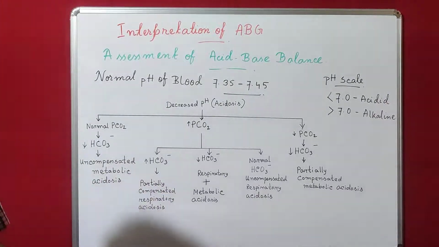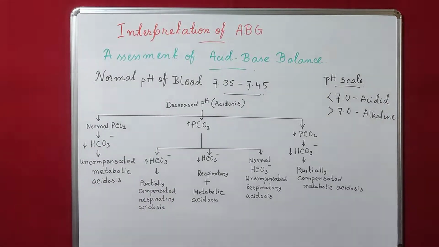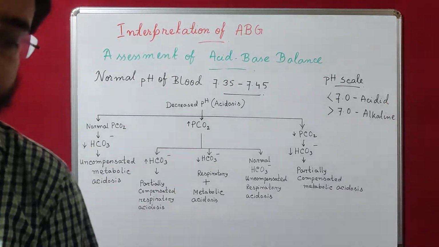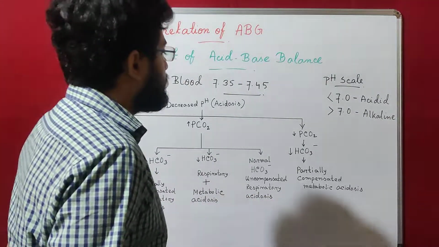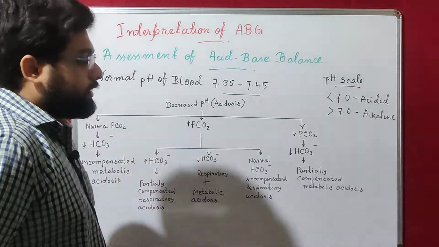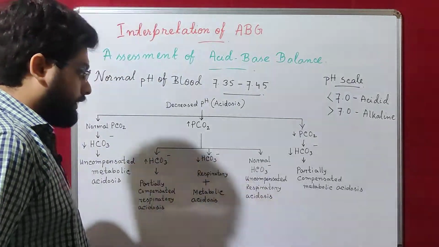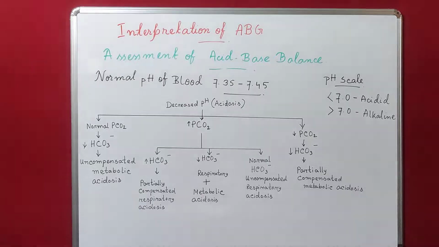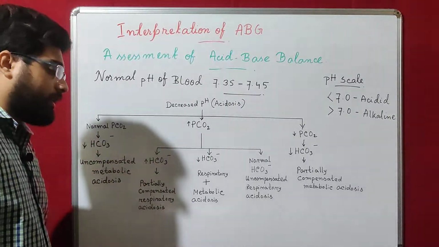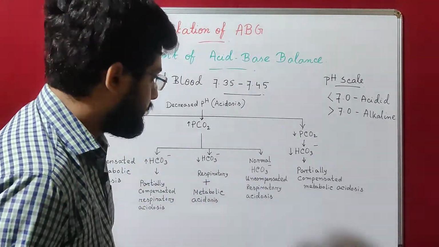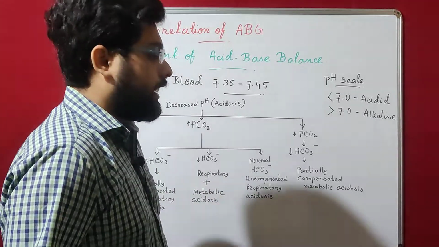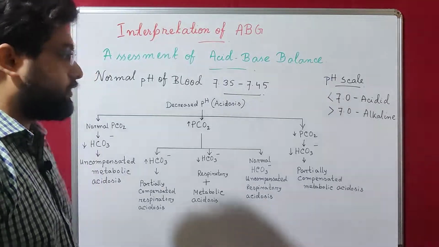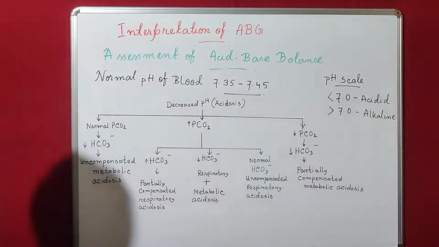Again, acidosis and alkalosis can be of two types: respiratory and metabolic. When the acidosis or alkalosis is caused by the partial pressure of carbon dioxide in blood, we call it respiratory acidosis or respiratory alkalosis.